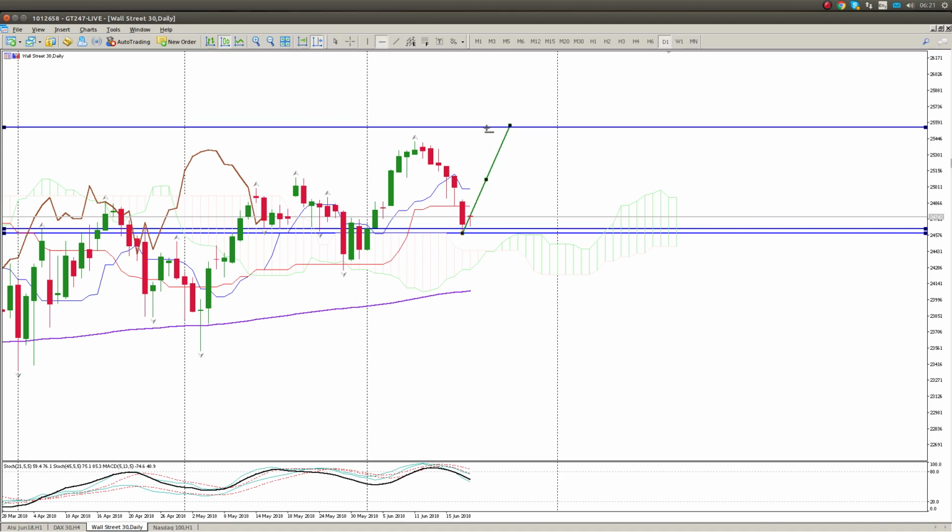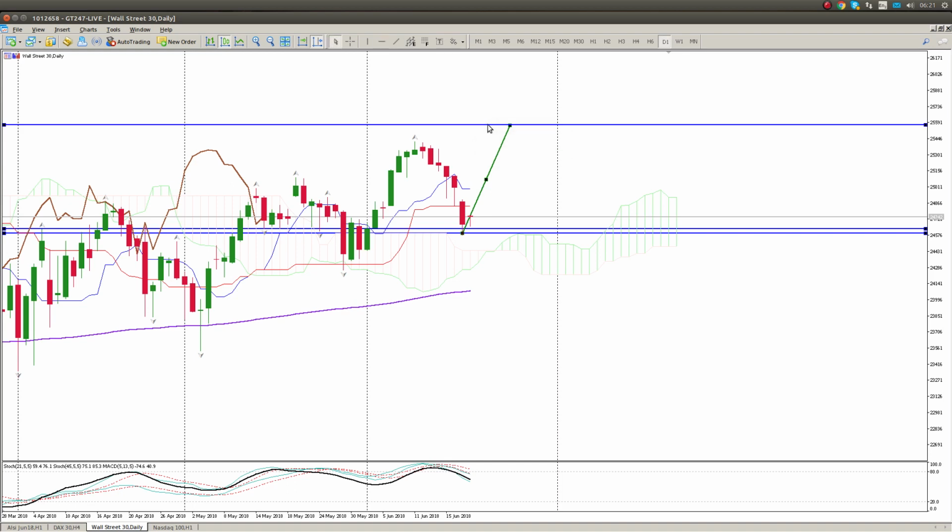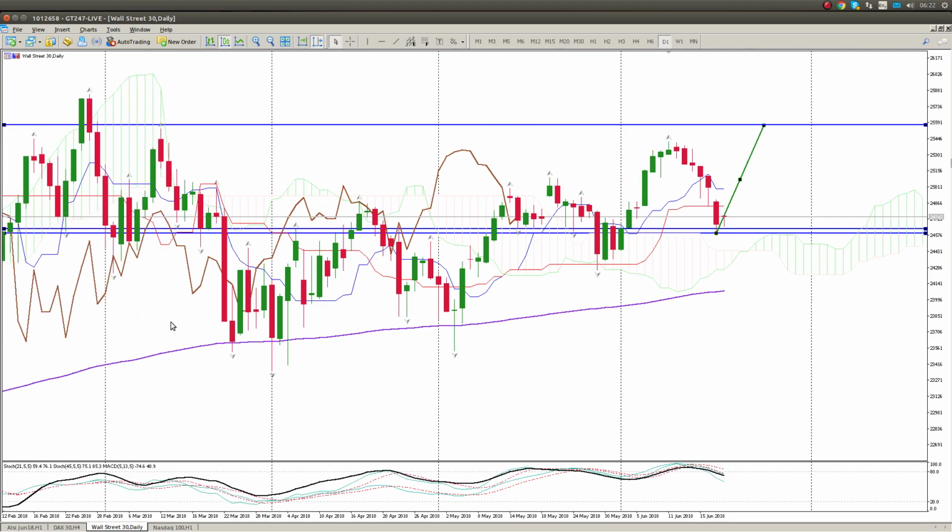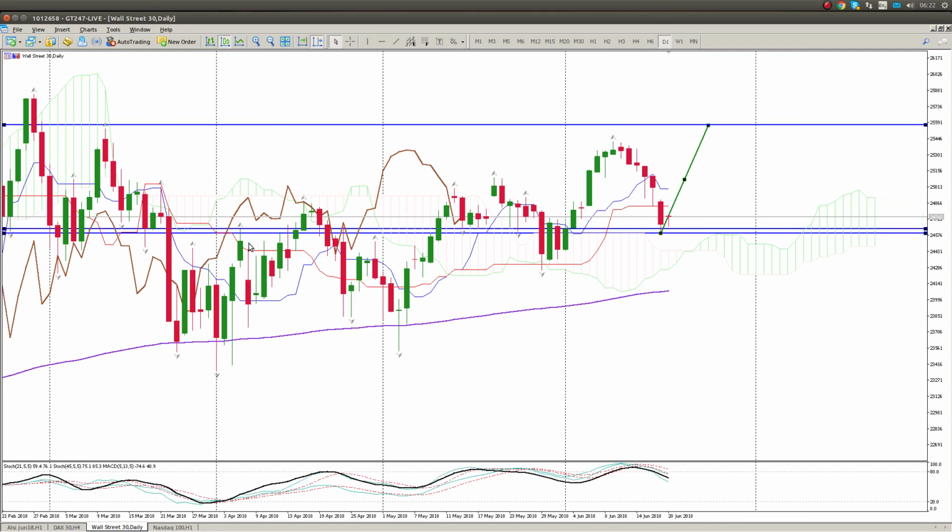So that's kind of the level we're looking for. This is the 25,500 area, and it lines up with this tail and this tail here.